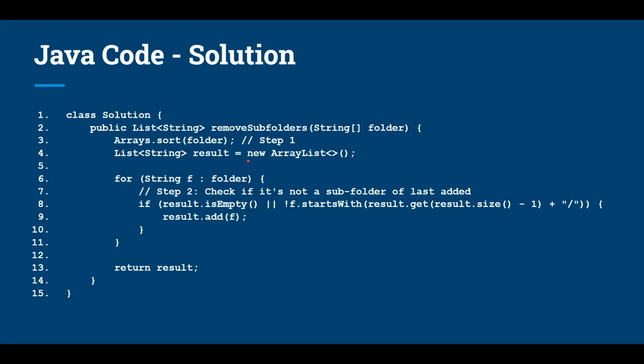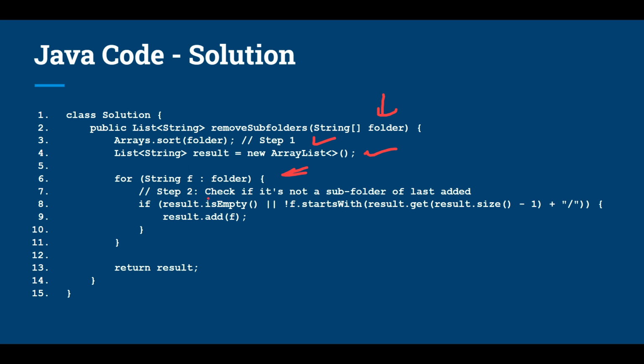Okay, so let's understand here. Let's suppose we have a given list of folders, right? So very first you will do the sorting. Then we'll create a result, which is a list of strings. Then we'll make the loop, because this is a string array, so you can make a string array loop. Each time you will get a folder, where f is nothing but the folder.